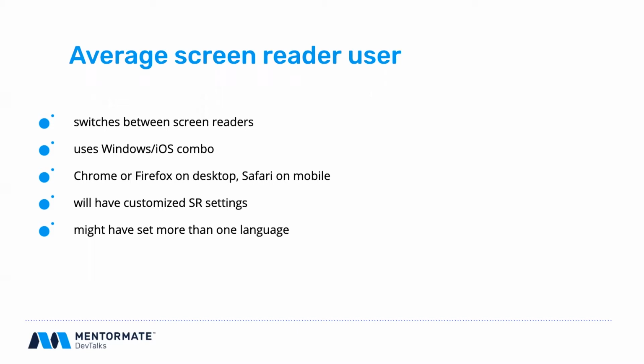And lastly, the average screen reader user will probably have more than one language. And this matters more in regions like Europe or Africa or South America. And they might also be using their screen reader in a different language than English.